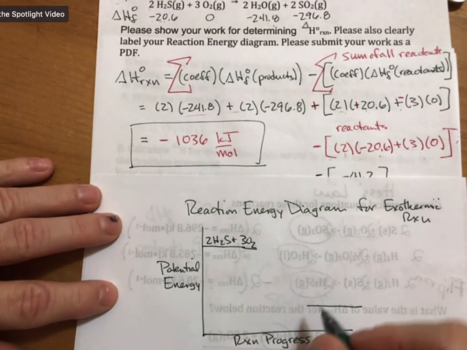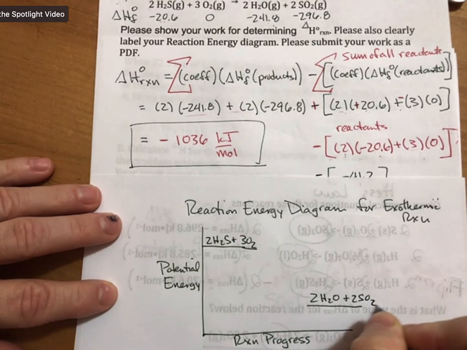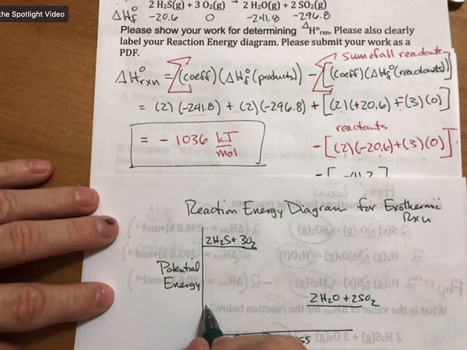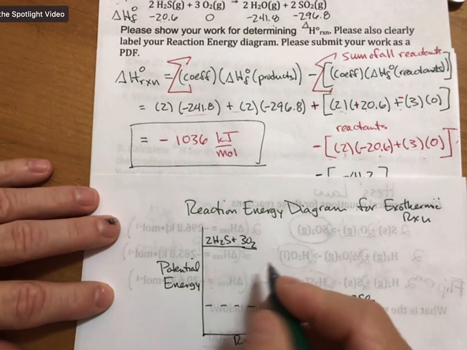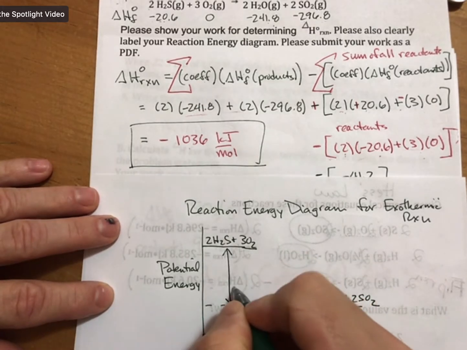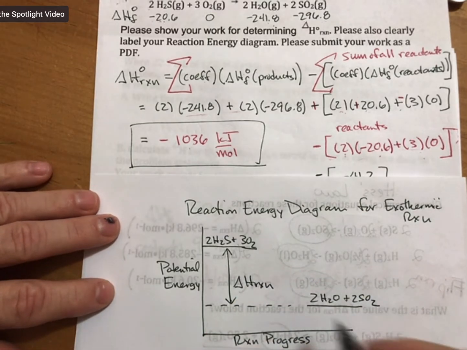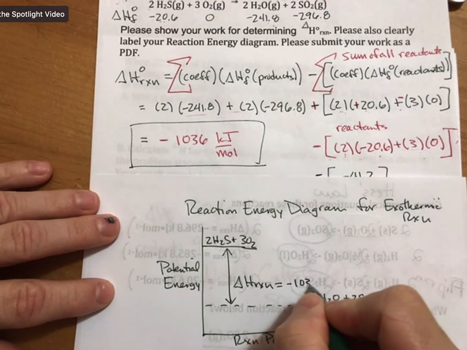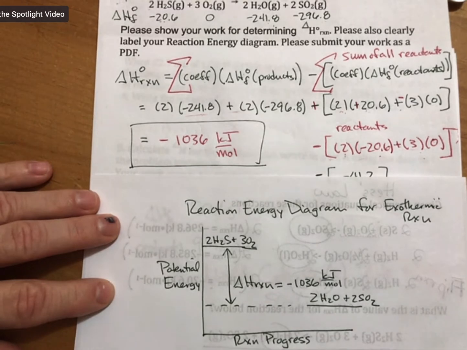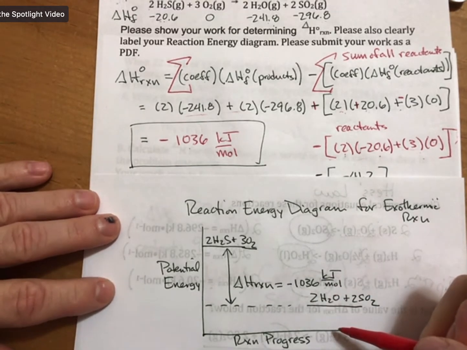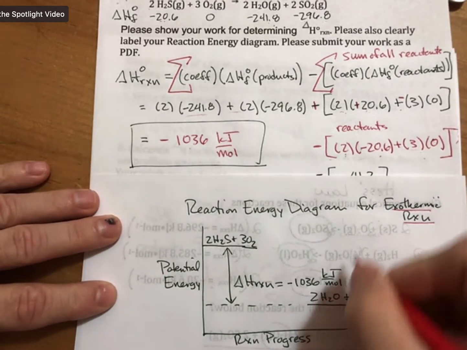And down here are the products. The difference in energy between the products and the reactants is what's called delta H reaction, and that's equal to minus 1036 kilojoules per mole. This is the answer I'm looking for, by the way. This is the picture. For an exothermic reaction, products are lower.